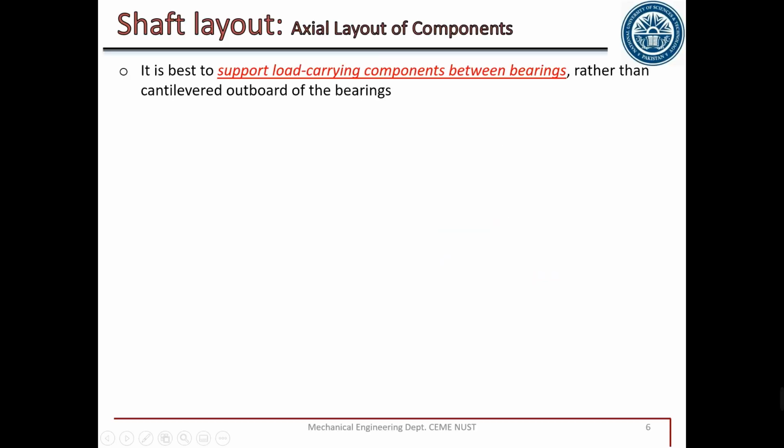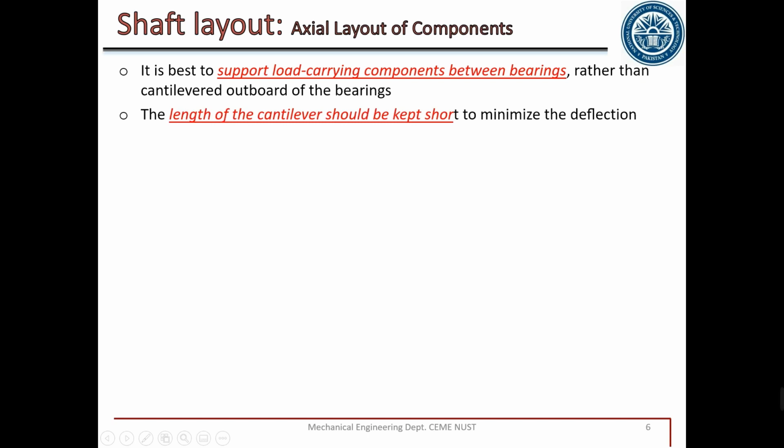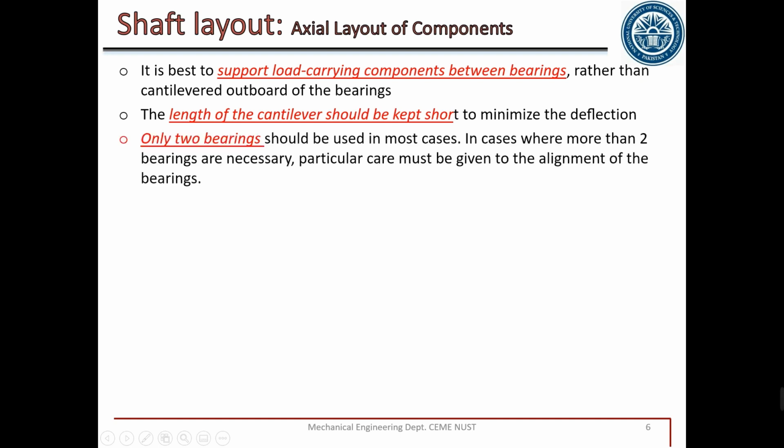That's why usually we put bearings at the ends of the shaft. The length of the cantilever should be kept as short as possible because the reaction is F into D. The more the distance between the bearings, the more will be the deflection of the shaft, and more are the chances of failure.